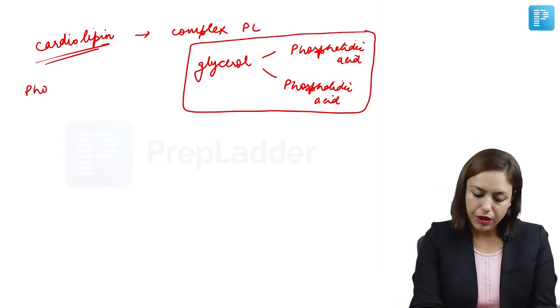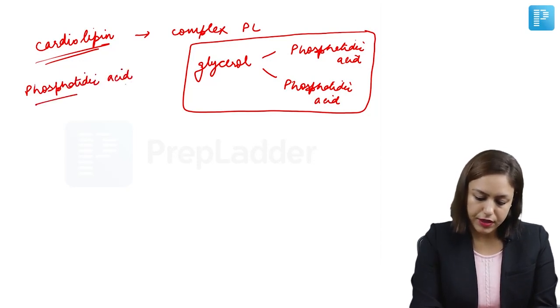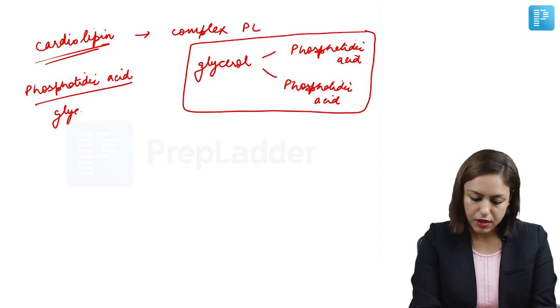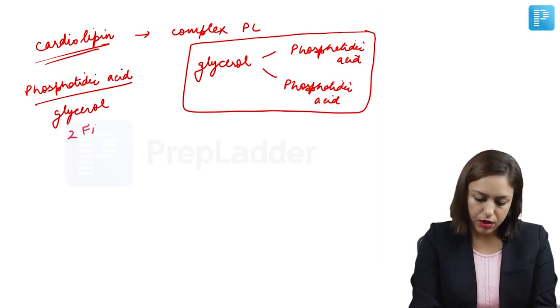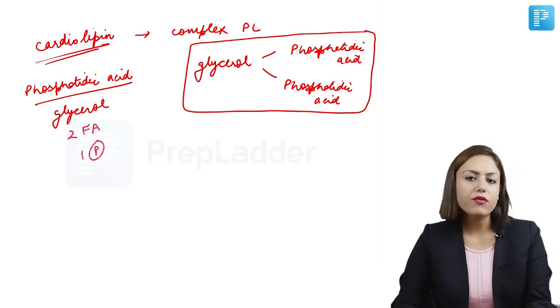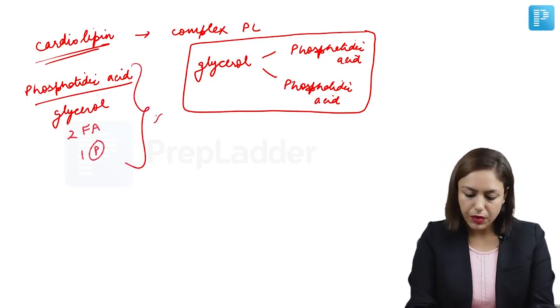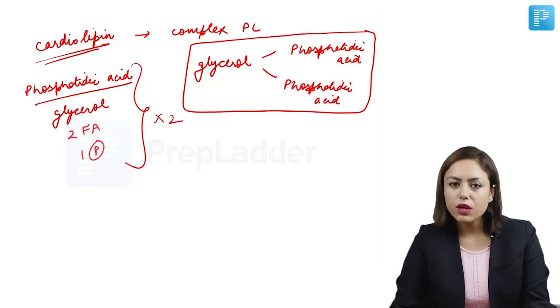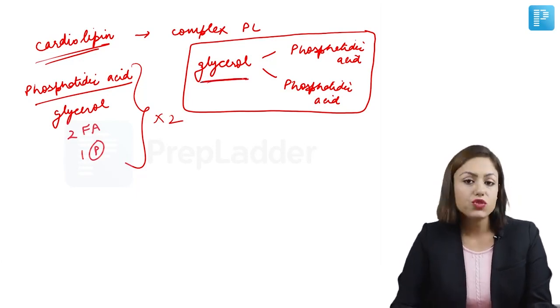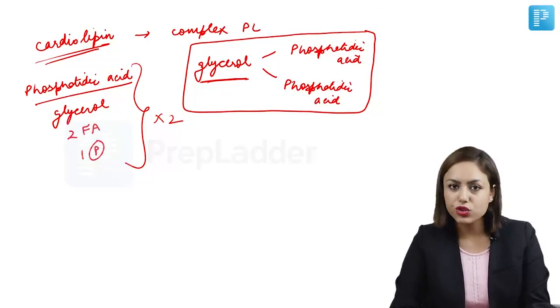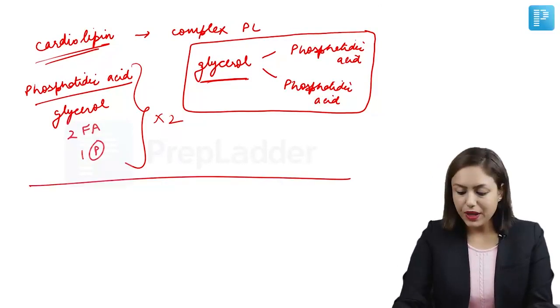And what do you mean by phosphatidic acid? Phosphatidic acid has one glycerol, two fatty acids and one phosphate. So all these things will be multiplied by 2 in case of cardiolipin, plus there is one extra third glycerol attached here, right? So this is a complex structure.